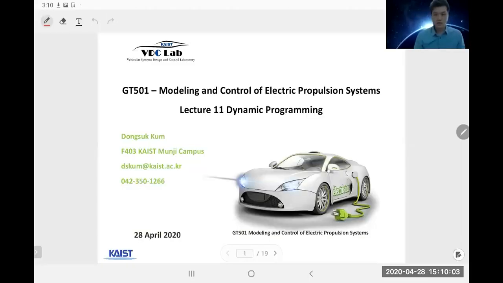is one of the key optimal control theory and tool for optimization of electric powertrain. Okay.